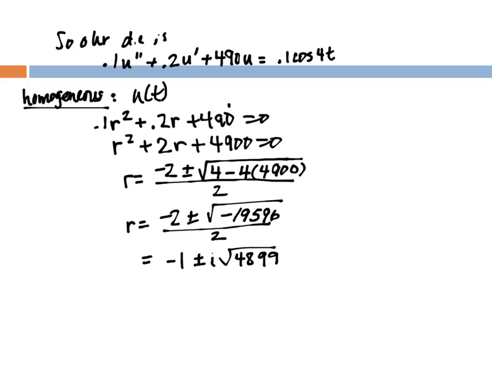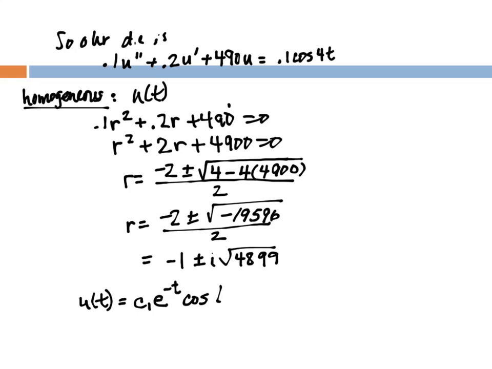So I have a recognizable u and v for my general solution to the homogeneous equation, right? So let's find that then. What would u of t be with this funny radical involved? C1, yes. Now what? It is cosine first, the square root of 4,899 times t.